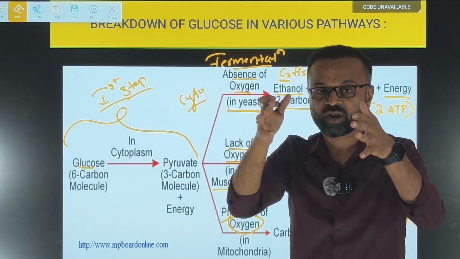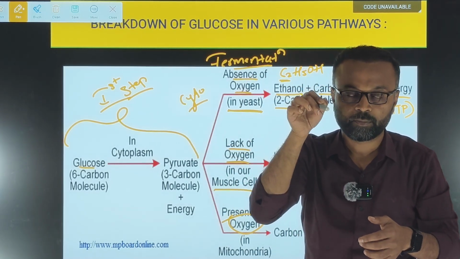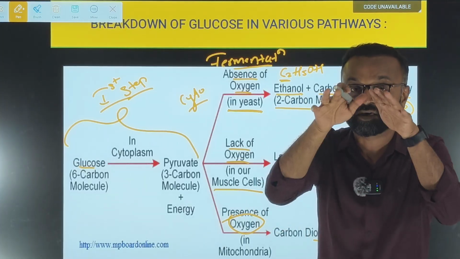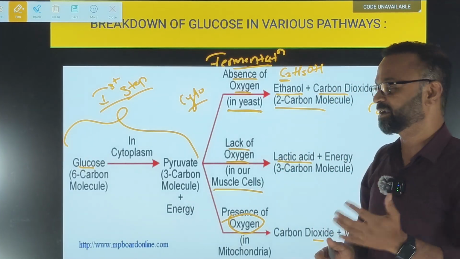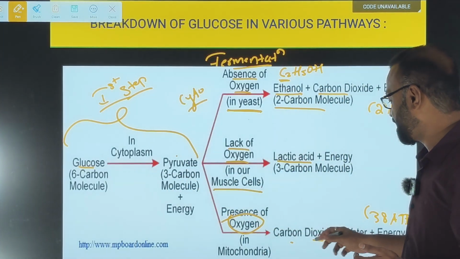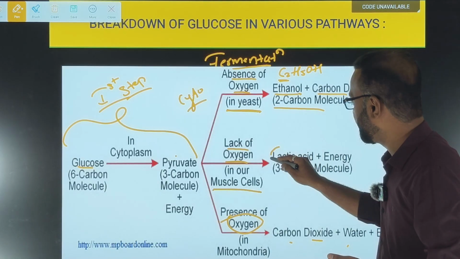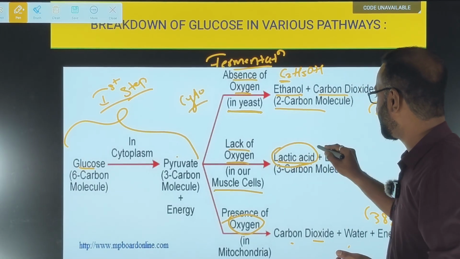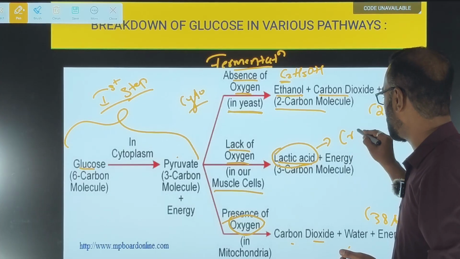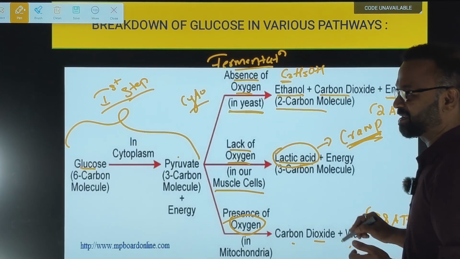But the supply of oxygen is insufficient. That time, this glucose or pyruvate, instead of breaking down to produce carbon dioxide, water and energy, will produce lactic acid, and this lactic acid is responsible for causing the cramp in our muscle cells.